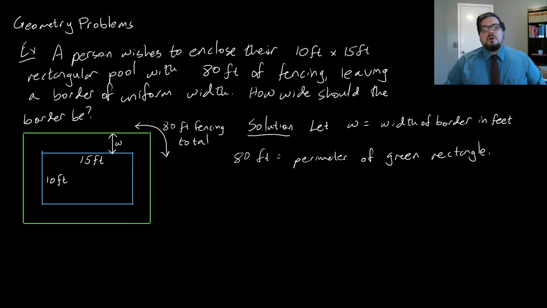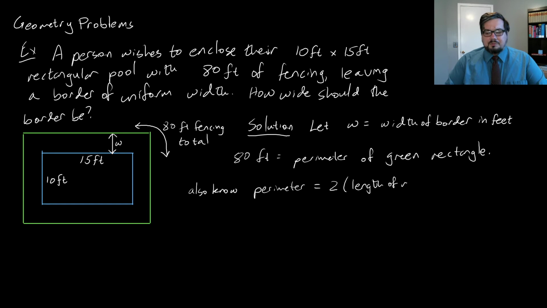But we also know how to calculate the perimeter of a rectangle using geometry. The perimeter of the green rectangle is equal to 2 times the length of the rectangle plus 2 times the width of the rectangle.